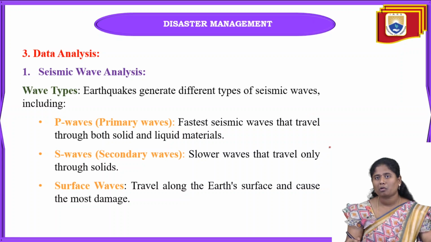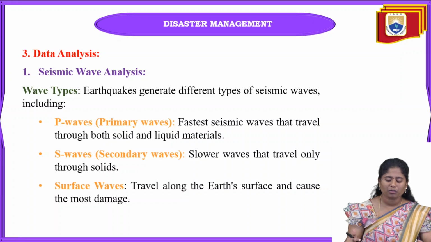These are very slow compared with P waves, and they can travel only through solids, not liquids. P waves can travel through water or rocks, whereas the secondary waves travel only through rocks.